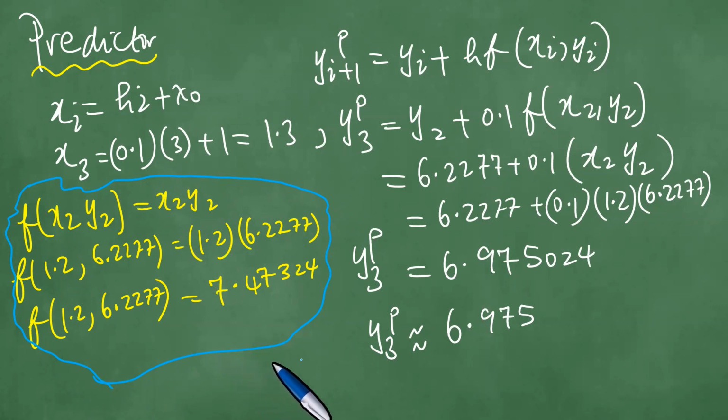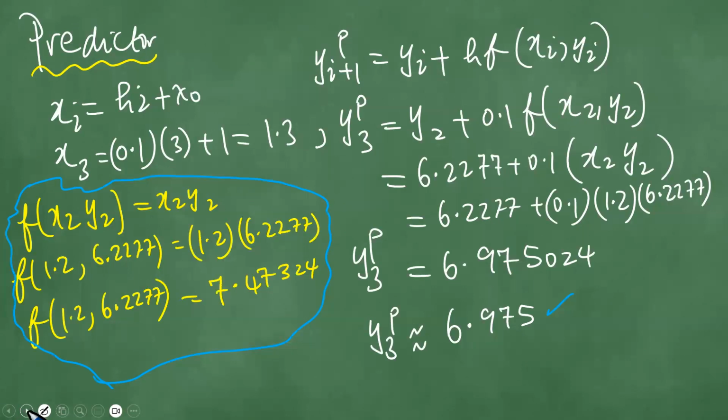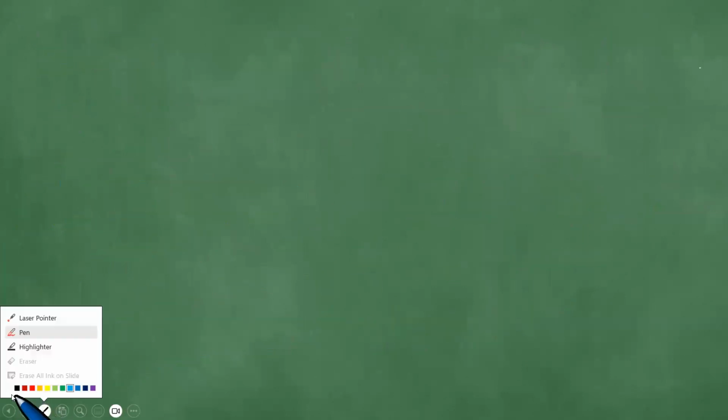Okay, we're done with the predictor, and then we must do the corrector for x3. Right, so the next thing we're doing now is the corrector.